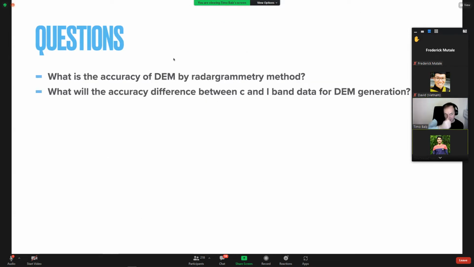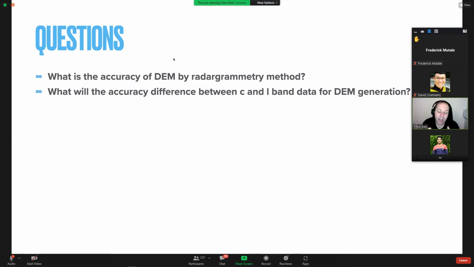Okay. Now, what is the accuracy of DEM by radargrammetry? There is not an easy answer for that. If you use radargrammetry, the accuracy that you can achieve depends on the spatial resolution of your system.